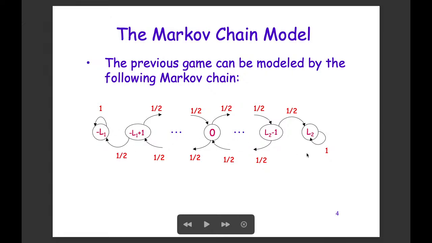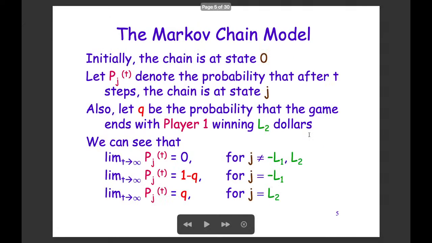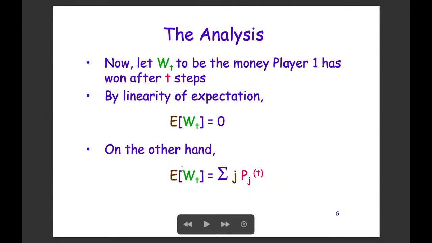The expected winning that you have after t steps will be the probability of landing at this state multiplied by minus L1, plus the probability of landing at this state multiplied by this value, minus L1 plus 1, and so on and so forth, plus the probability that you are landing at this state multiplied with the value of L2. This is by definition how we can define the expected value.